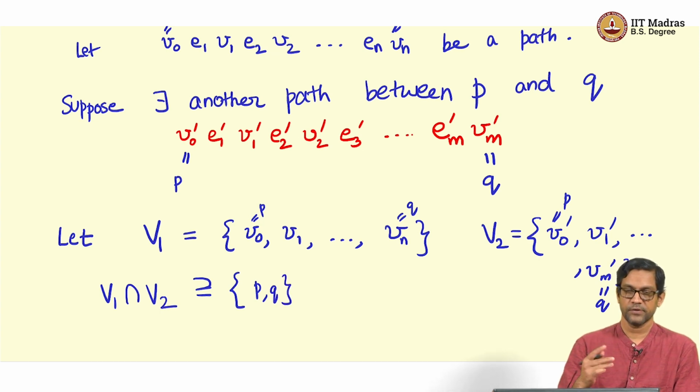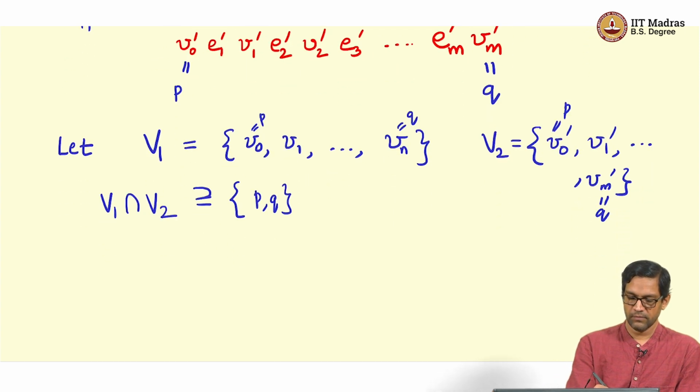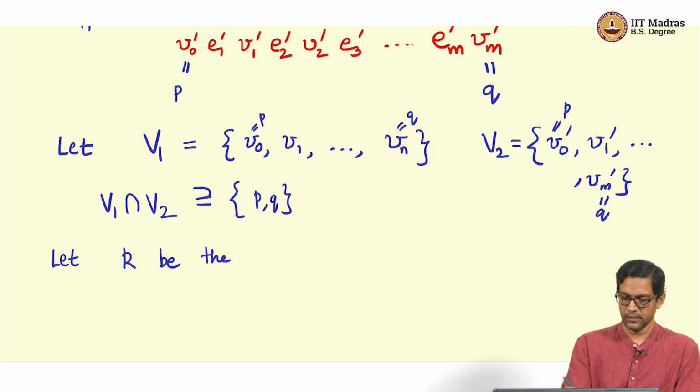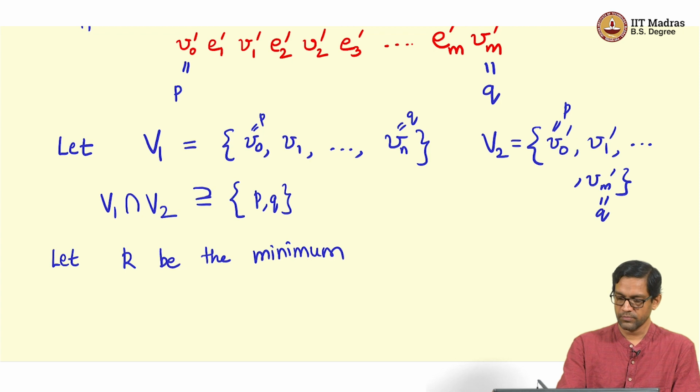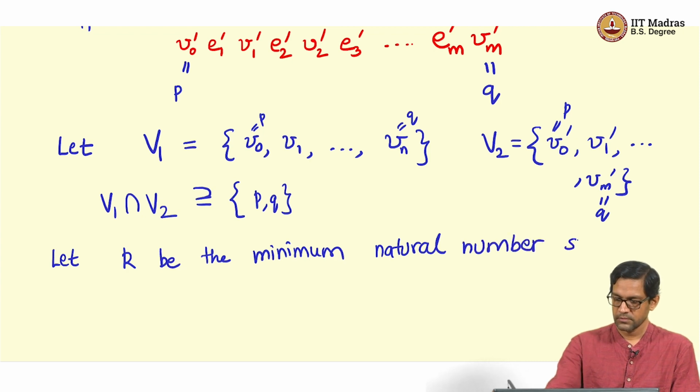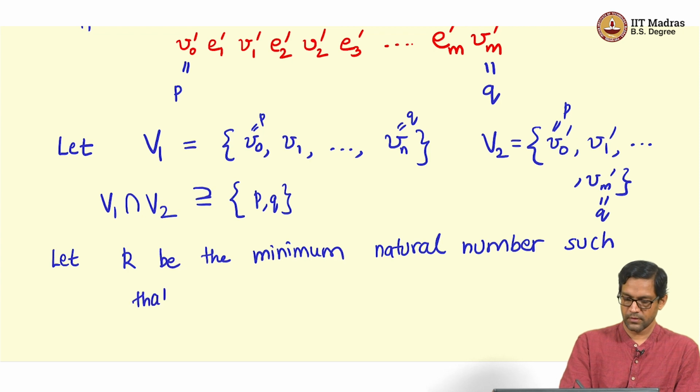And if it contains more, we want to find the smallest vertices in each set such that they belong to the intersection. So we will write it out like this: n is already taken, so let k be the minimum natural number satisfying the property that Vk, the kth vertex in the first path, lies in the intersection.